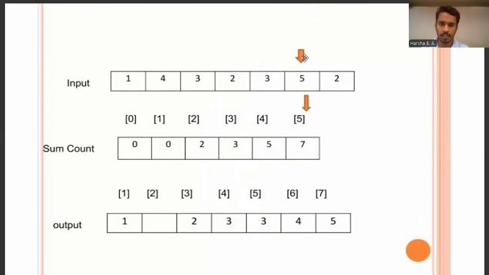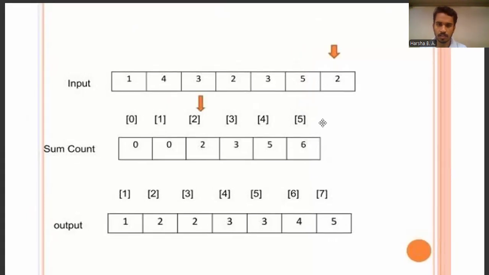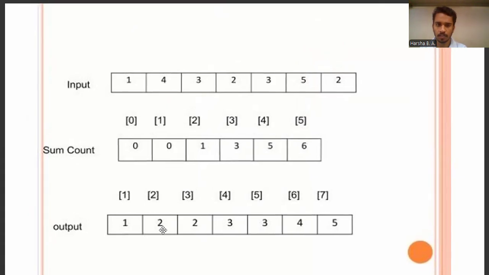Next, 5 is at 7. So, at the seventh index, we write 5. Then the last 2 is at 2. So, therefore, 2 is written in the second index.